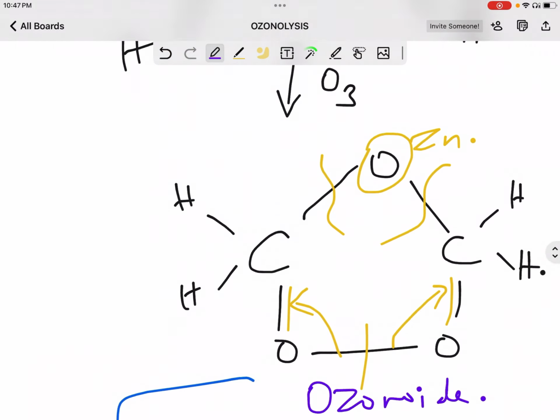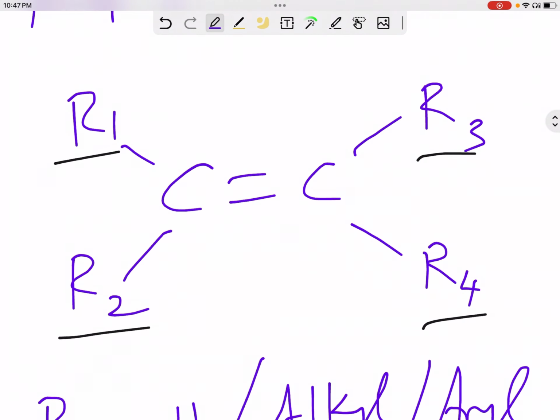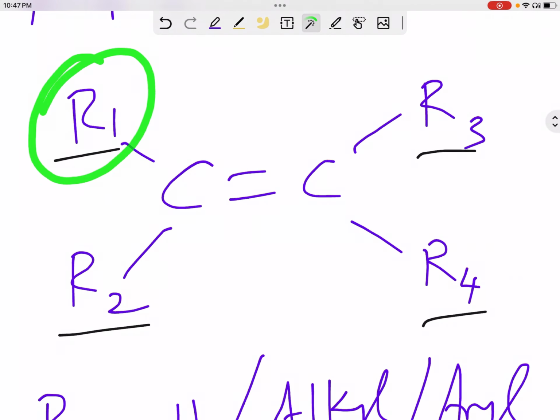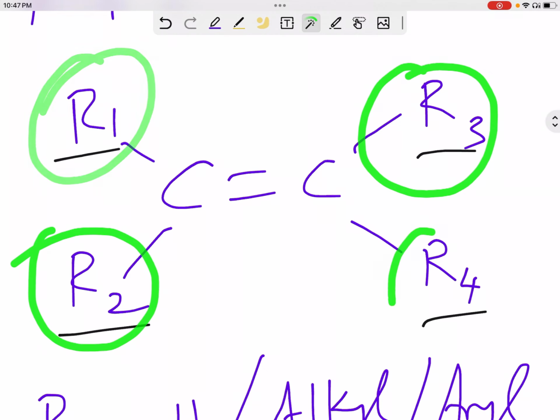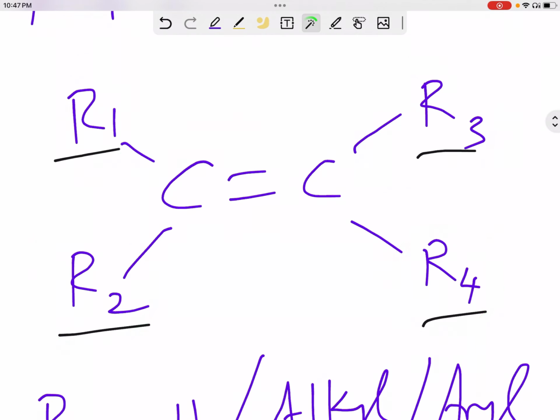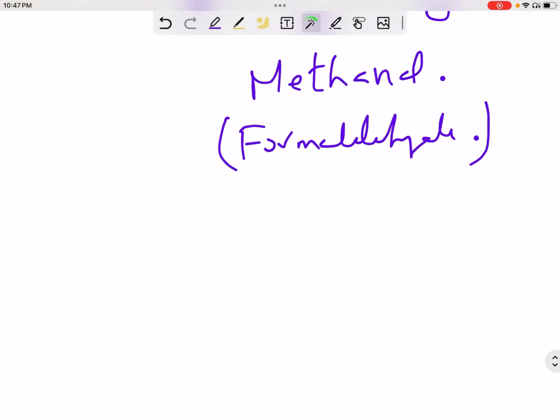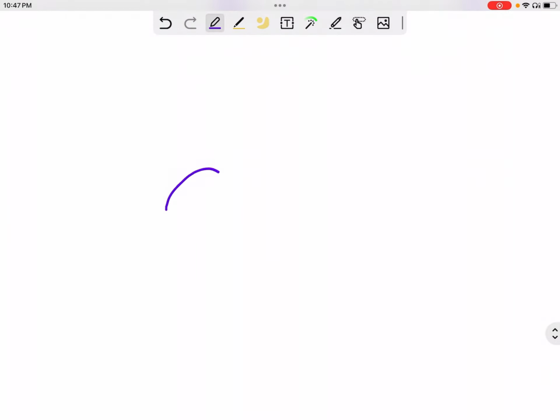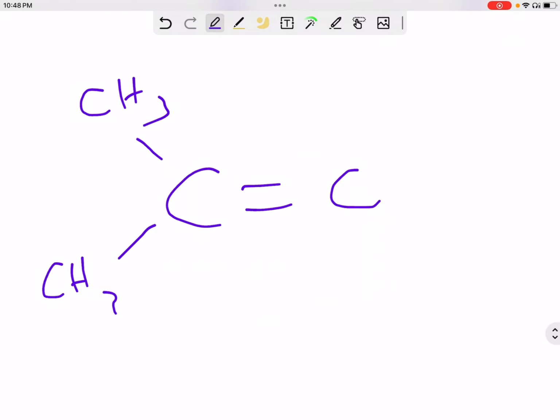So when we take hydrogen as a substituent in the main carbons, we are getting aldehydes. Now when we substitute methyl in all the places, that's our second type. So methyl here, methyl here, methyl, and methyl.